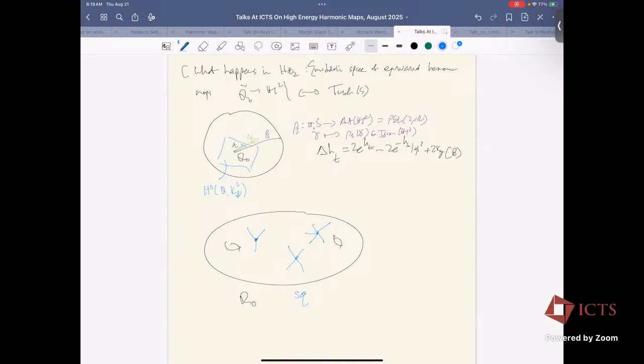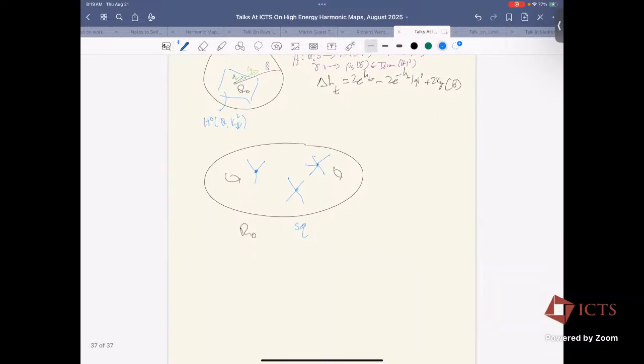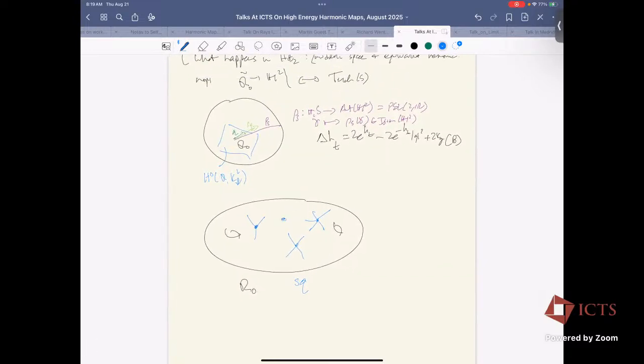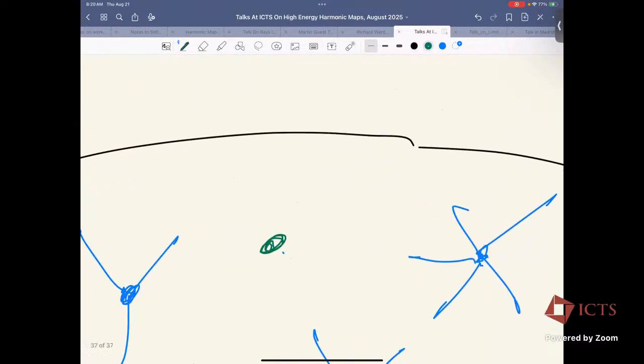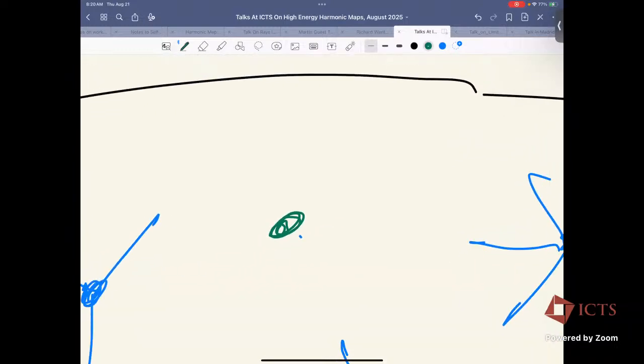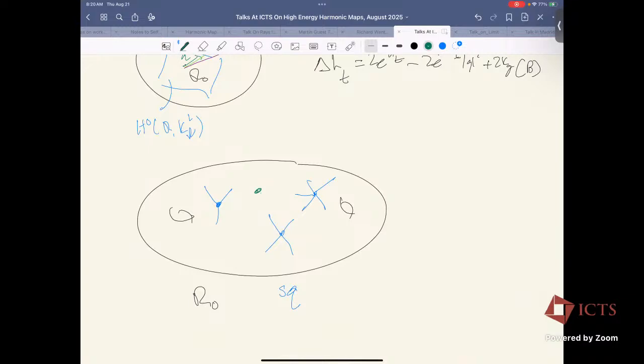So if you focus on a non-zero point, under rescaling, what you see is the complex plane. Or you focus on a zero, and what do you see under rescaling?